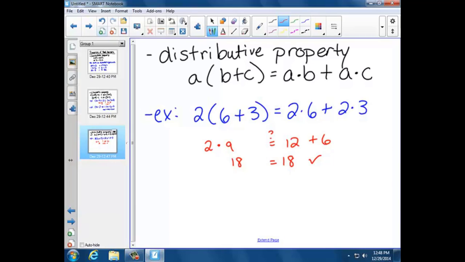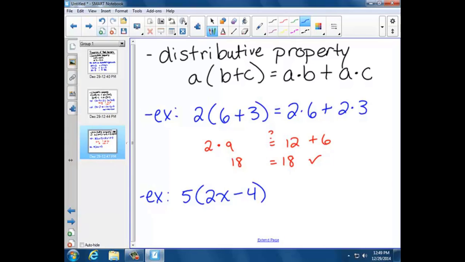Now, I mean, if we have all numbers, we would obviously just do the parentheses first and then multiply using our order of operations. But for something like the next one, if I have 5 parentheses 2x minus 4, well, now I would have to use the distributive property if I want to do something else with that.